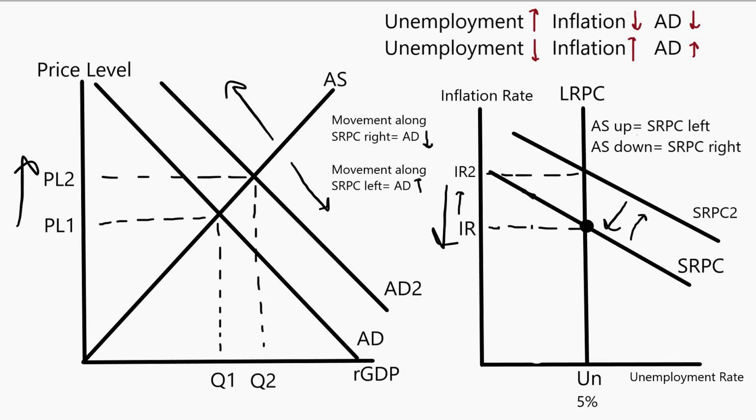If you know how to draw both of them, just think, so if inflation rates go down, that means AD went down or AS went right. So if there's a shift or a movement along SRPC, think about that and correlate it to either AS or AD moving. And then you should be good. As long as you remember how AS and AD affect inflation and employment, and then translate that to this new graph.